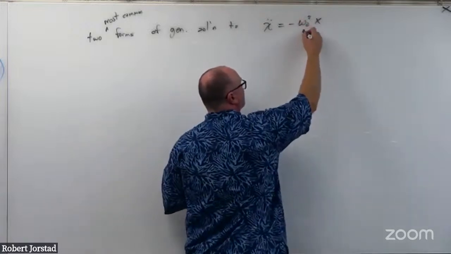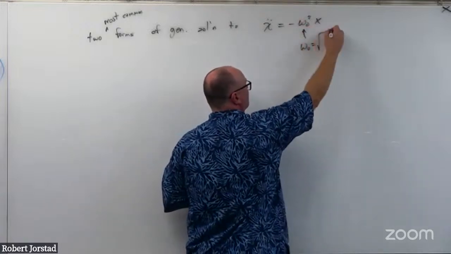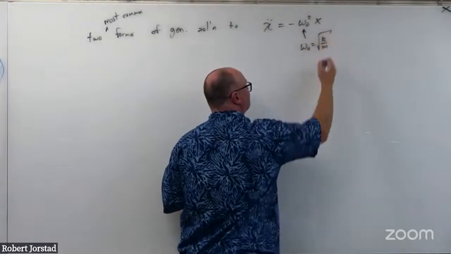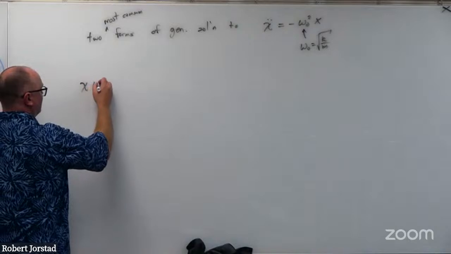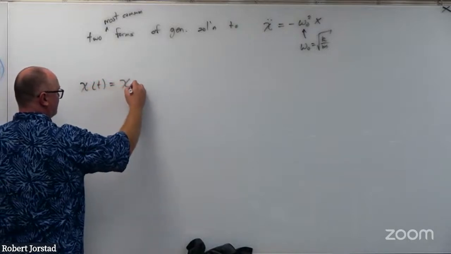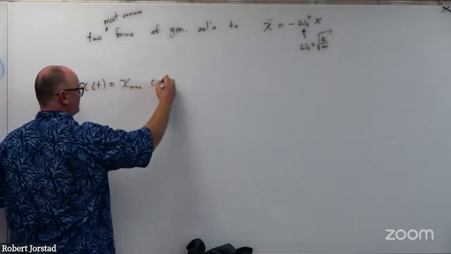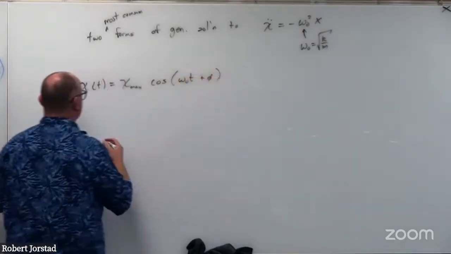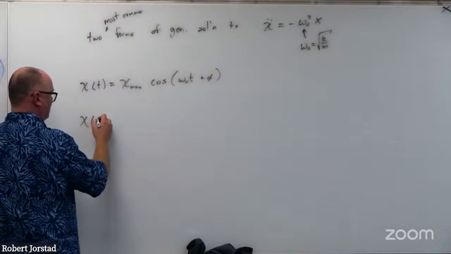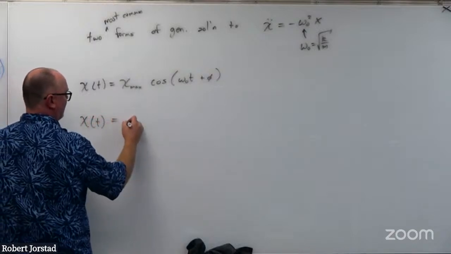Or in this case, omega naught equals square root of k over m. We've seen one. In your math classes, they'll often say it this way.